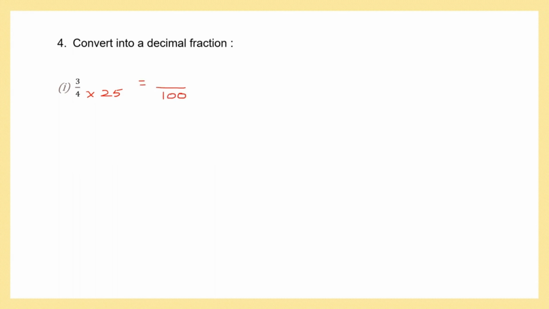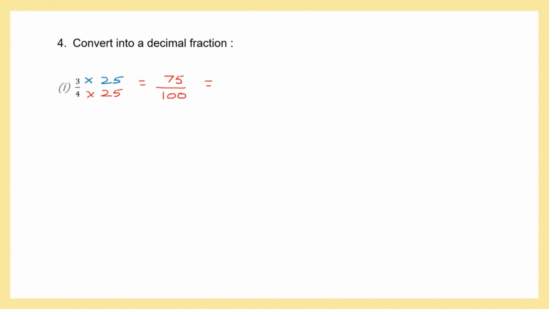Let me go back to my question. If I multiply the denominator by 25, I must multiply the numerator also by 25. 25 into 3 is 75. Now we have got a question like the previous question, isn't it? Here the denominator is 100.